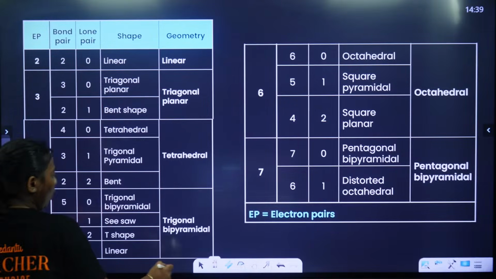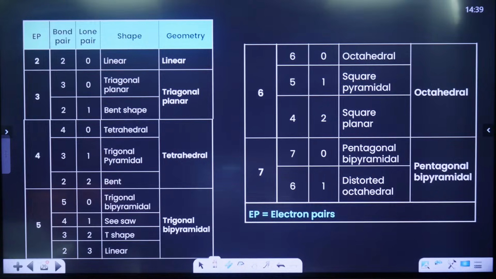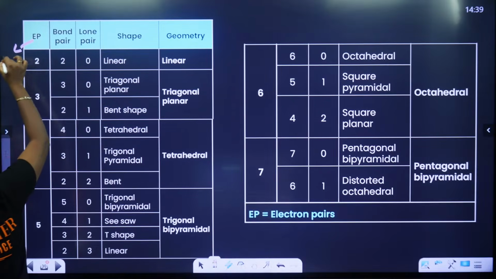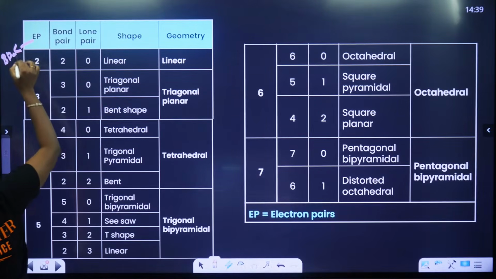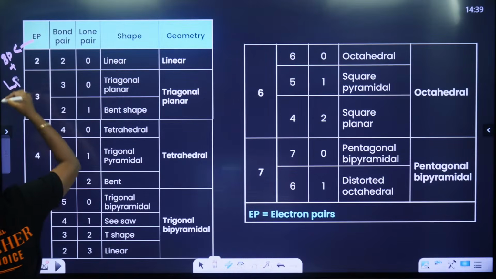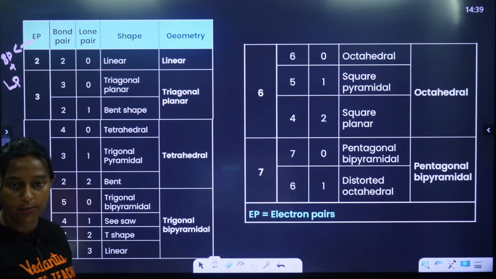EP means bond pair plus lone pair, that is EP is BP plus LP.